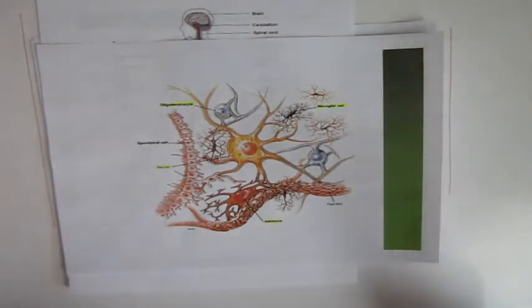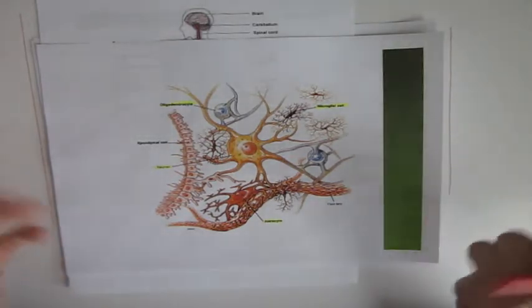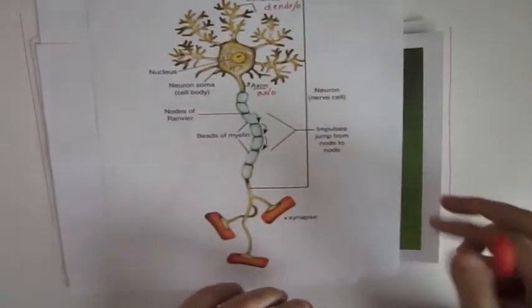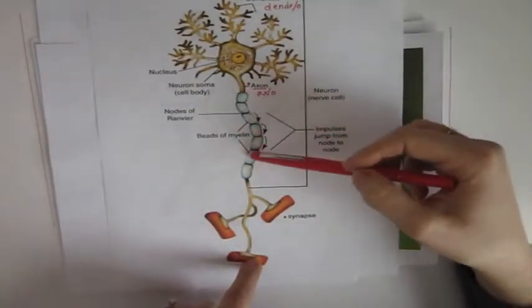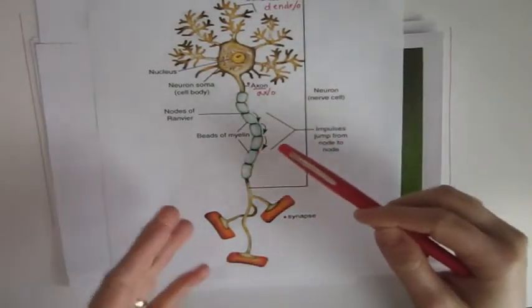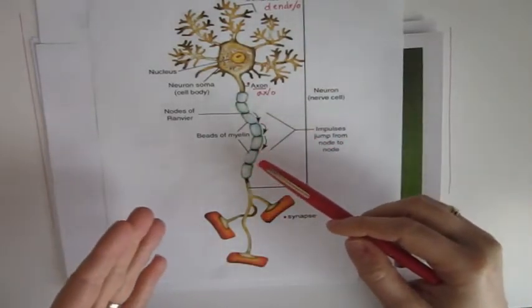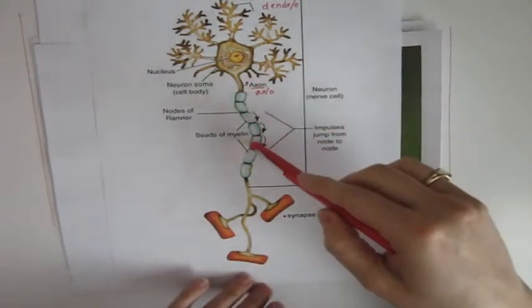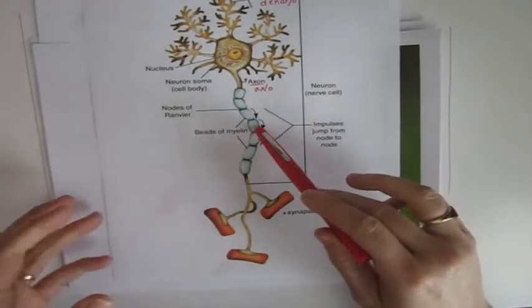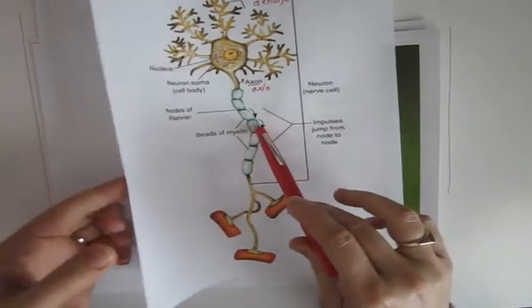The job of an oligodendrocyte is to form myelin. And myelin basically is what helps insulate the axon. And when you insulate an axon, impulses move much quicker through an axon that is insulated than one that is not. This is something you will learn more about in anatomy and physiology.